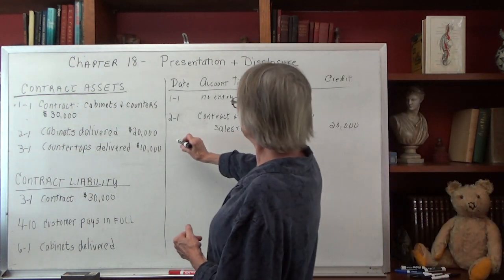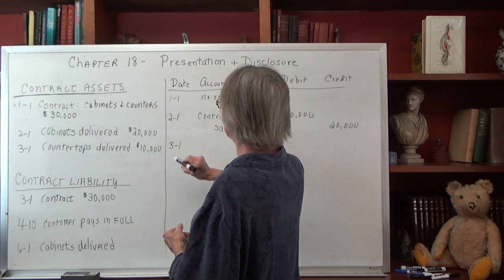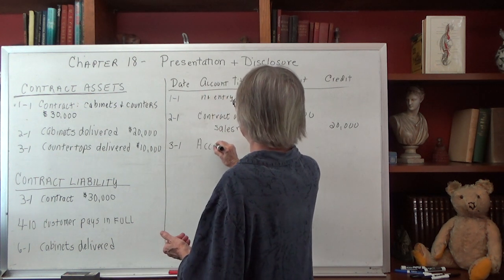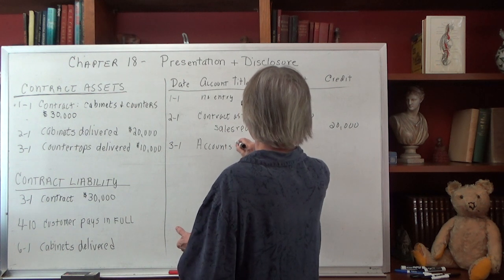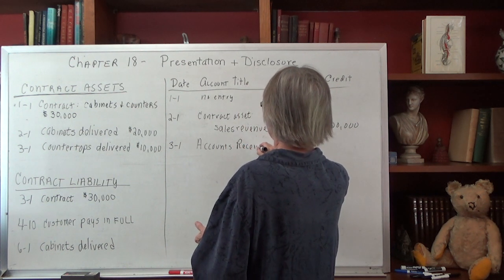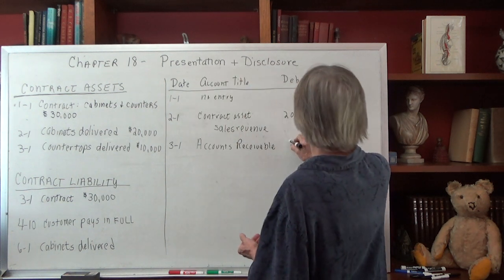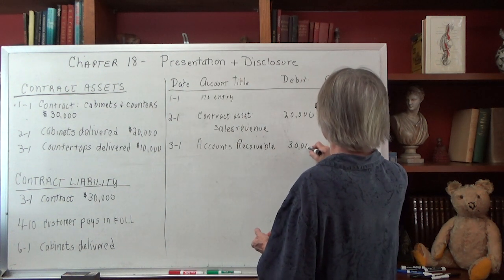Then, once the countertops are delivered, we're entitled to payment. So now we can go accounts receivable, and you'd go accounts receivable for the full $30,000.